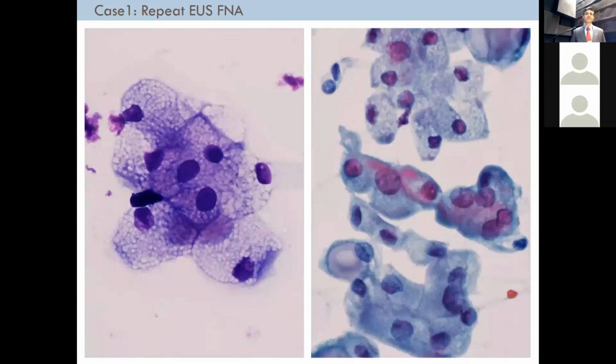The repeat sample was a bit more cellular, but showed a similar cytomorphology, as you can see over here, cells with abundant cytoplasm and this fine microvesicular appearance. The Pap stain smears actually showed a bit more atypia, as you can see, at least focal nuclear atypia is seen over here.